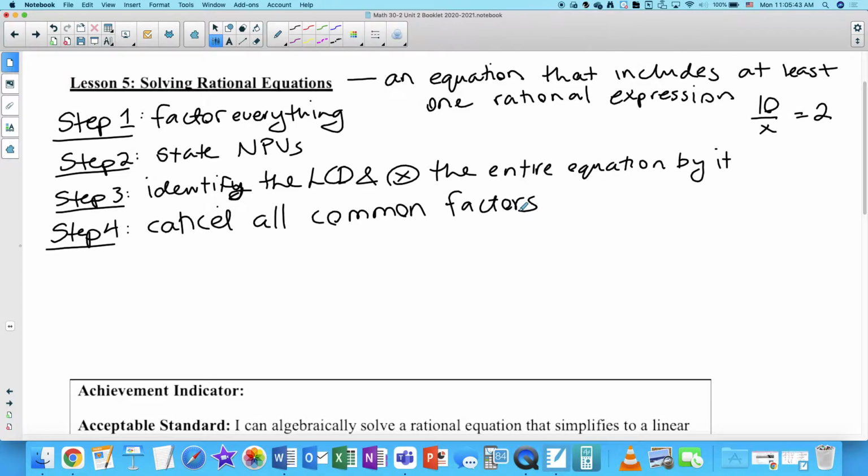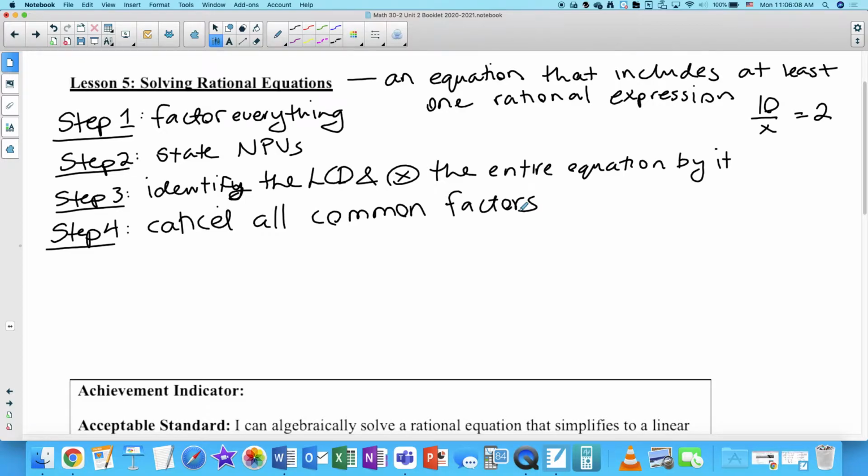So in doing this step, we actually change the nature of the equation. In this course, we're either going to change it to a linear equation or a quadratic equation. With more complex expressions, you might also get a cubic or a quartic equation, but in this course, it will either be linear or quadratic.